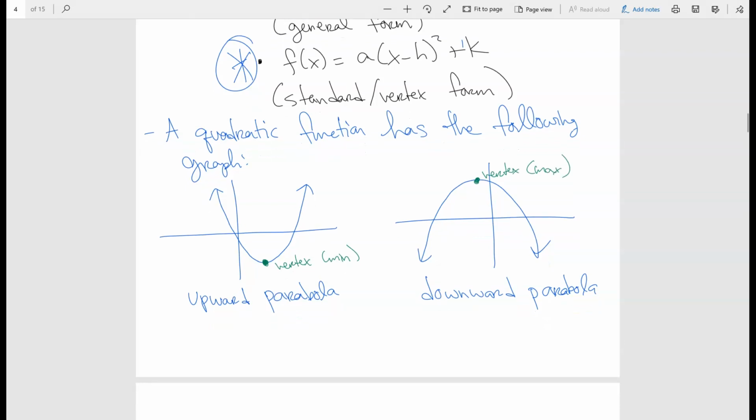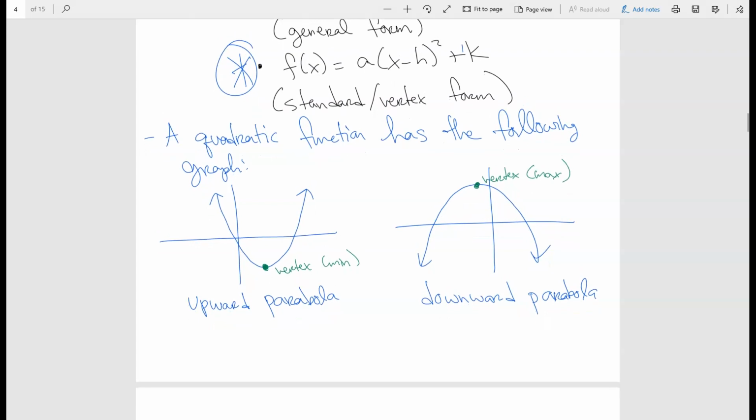Now notice a couple of characteristics of the parabola. It is symmetrical, okay? If I were to have a mirror here, and I fold the parabola, you're going to have a mirror image. This little line that I just drew is what we call the axis of symmetry.